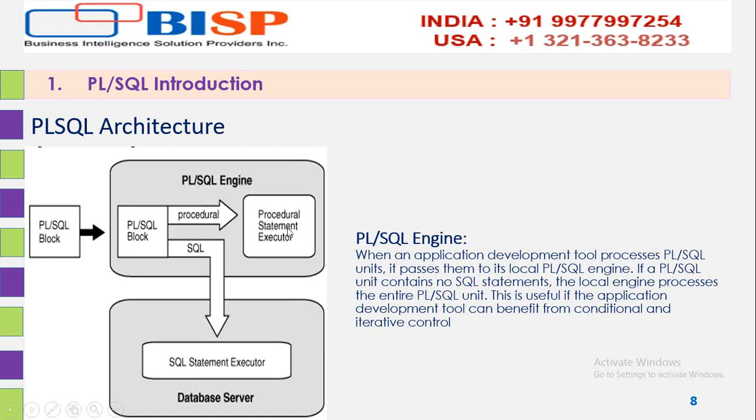So this is how it operates inside the database. The SQL engine and the PLSQL engine sit inside the database and do these operations in the backend, which we cannot see. So that is the meaning of it.